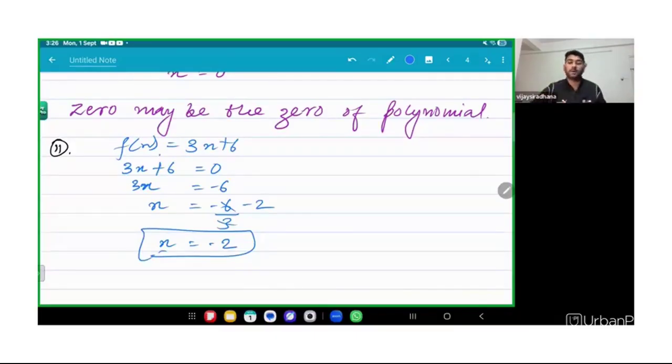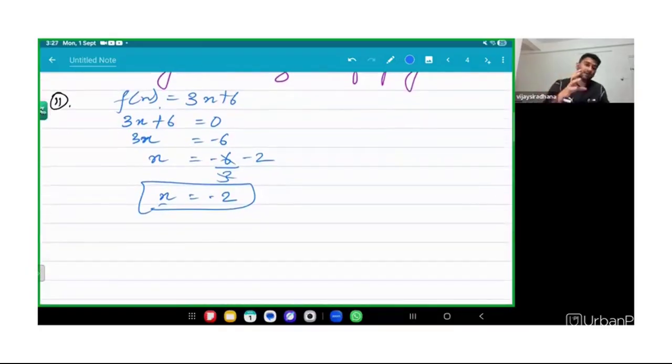You need to remember one thing: whenever there is a linear polynomial, the zero will always be unique and it will always be fixed, whenever it is a linear polynomial in one variable. You know what a linear polynomial is: the degree of the polynomial is 1 and there is only one variable, either x or y, only one is allowed.